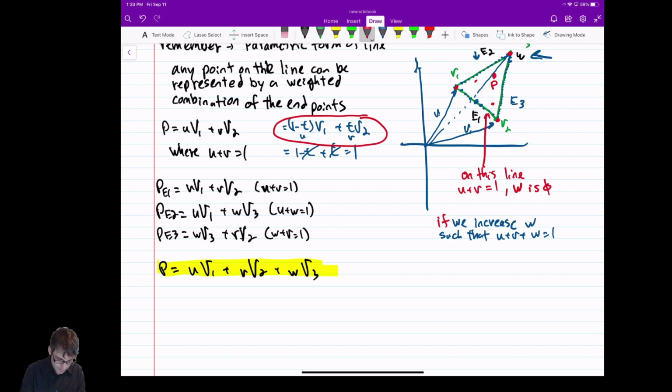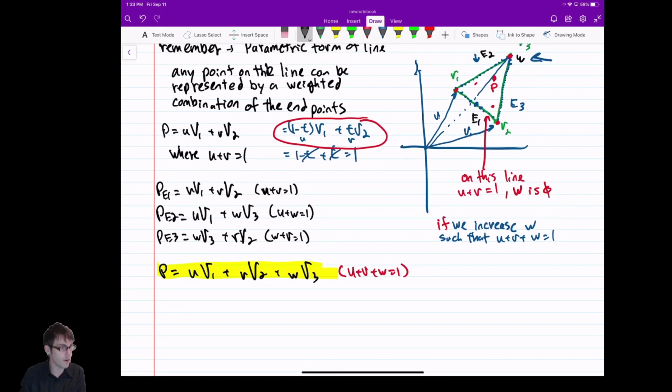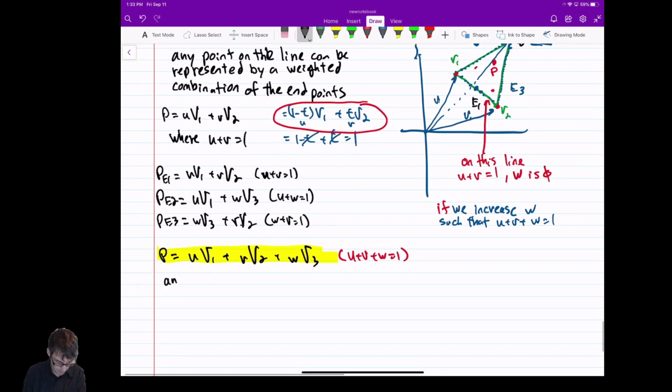As long as I keep my constraint that u plus v plus w is 1, then I'll get a point in that triangle. So it's just like the parametric line, you can imagine that, except now we've moved into 2 dimensions. So this is barycentric coordinates. Any point in my triangle can be represented this way.